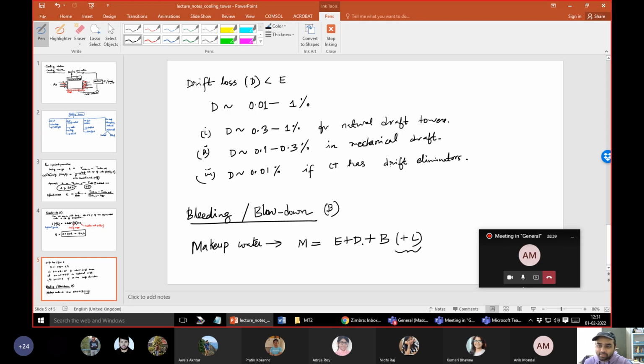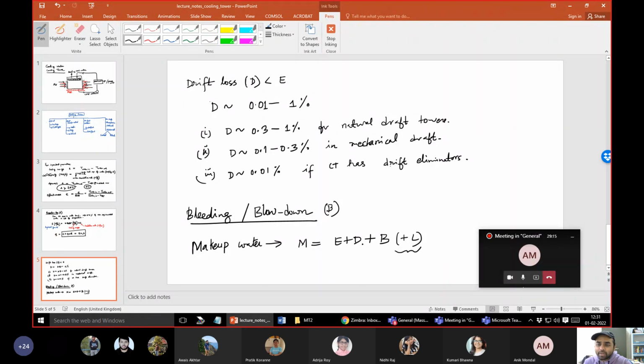Right. So please note that this is where I feel an actual plant visit could be helpful. The fresh water comes from a nearby river or nearby lake or some underground resource. So there is a significant amount of pipelining and all these pump houses are there. Then it goes into the big cooling tower units, and this water gets continuously recycled. So there is a makeup water line, there is a recycling line, there is this blowdown and bleeding line.